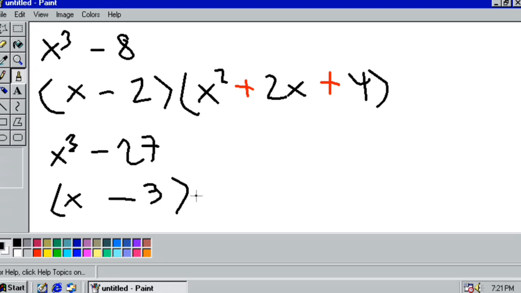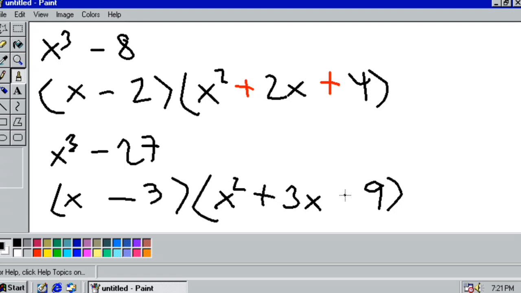So minus sign. Then set up another parenthesis for the trinomial. x times x is x squared. x times 3 is 3x. 3 times 3 is 9. The minus sign will be positive, and this will also be positive.